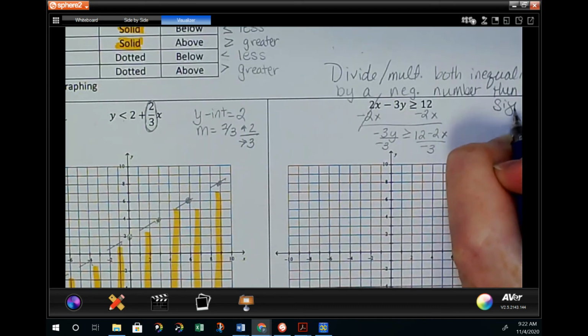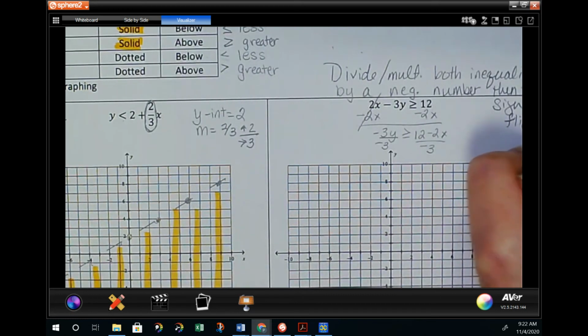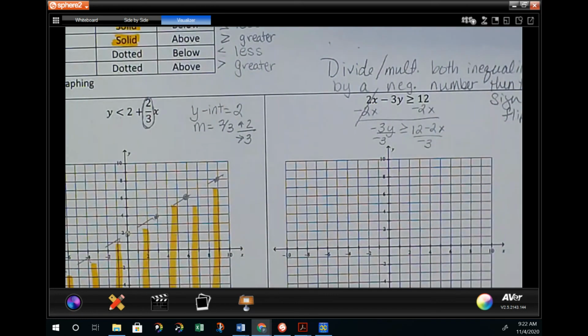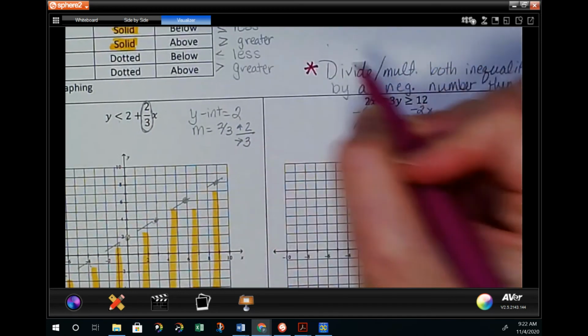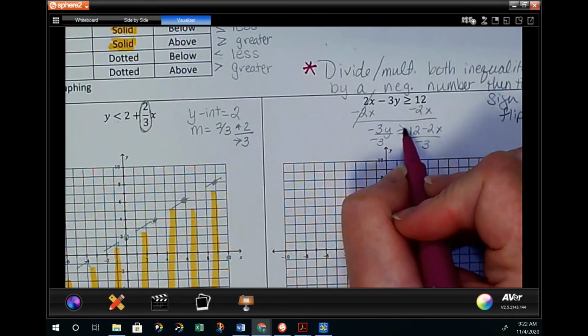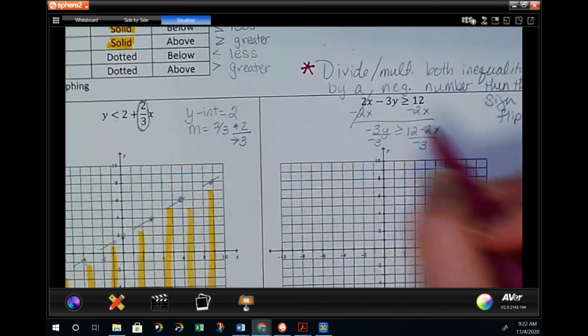So instead of being greater than or equal to, it's going to be less than or equal to, because I have to flip that inequality.